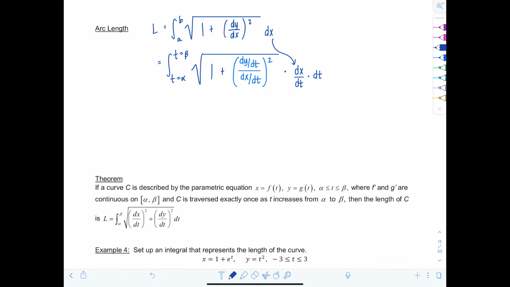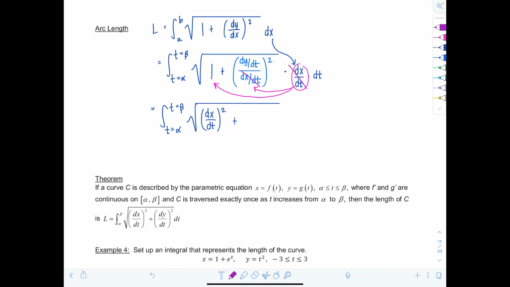Okay, now if I take this dx/dt and distribute it inside the radical, it's going to become squared, right? So then now I'm going to have the integral from t equals alpha to t equals beta, square root of dx/dt squared plus, and then now it's going to cancel, right?